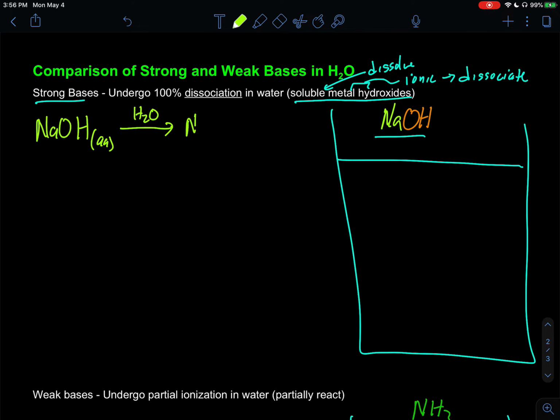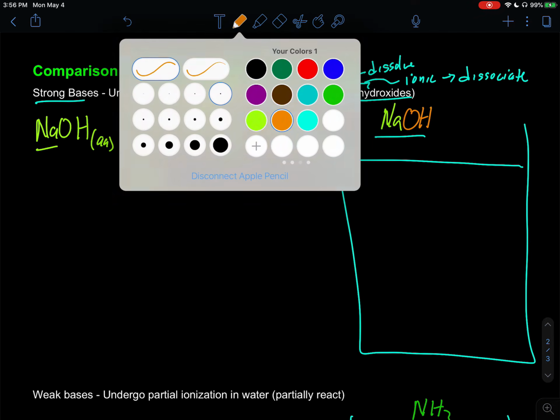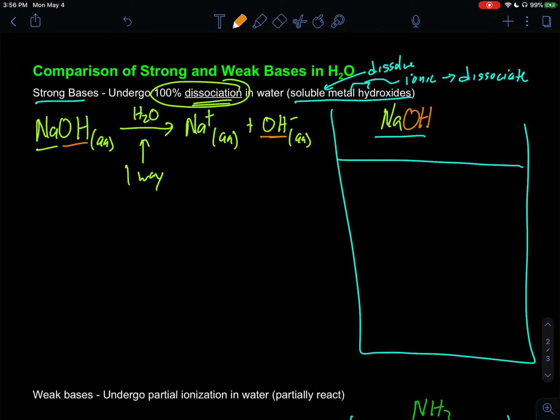When it's in water, it's going to give us sodium ions and hydroxide ions. And in this case, this is a one-way reaction, because we get 100% dissociation. We have this ionic compound that contains these two ions, and they are breaking apart into the two ions that they were originally.